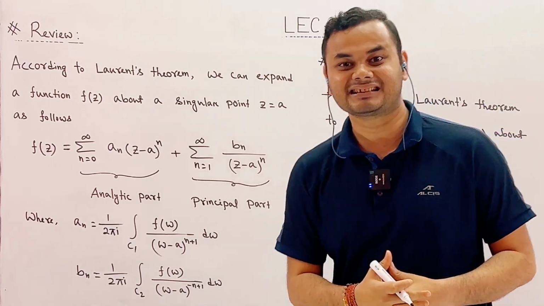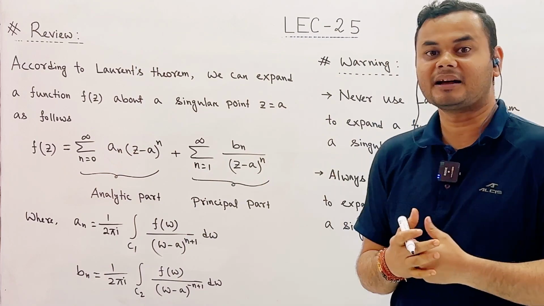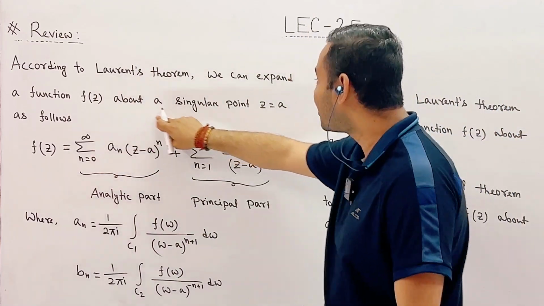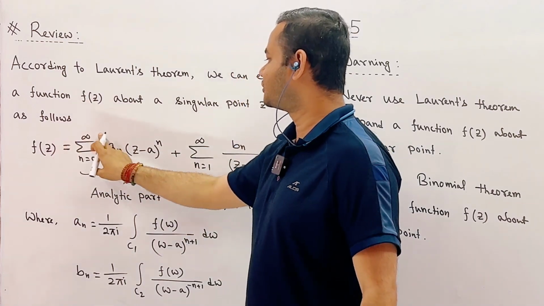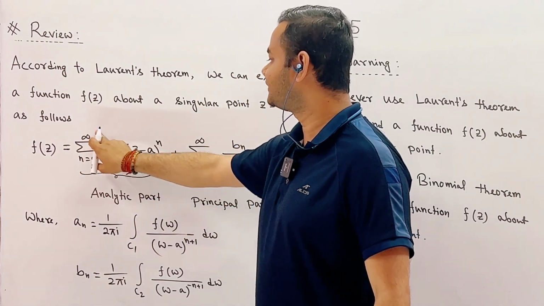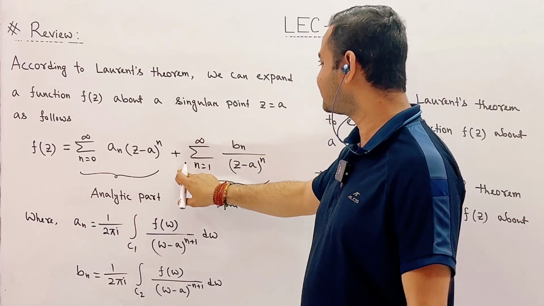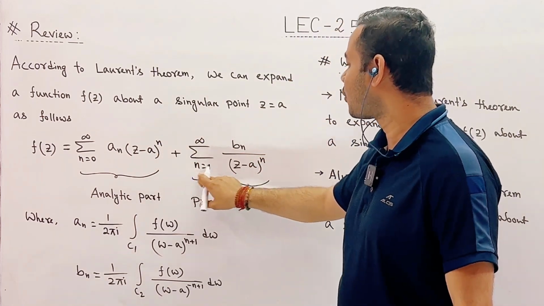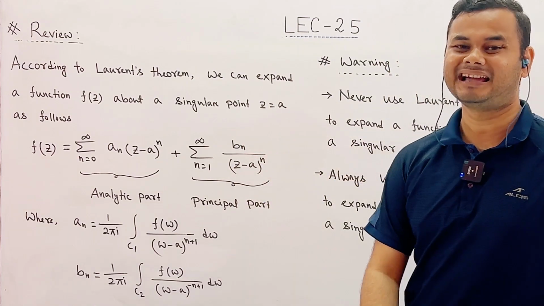Students, in my last lecture I told you that with the help of Laurent's theorem we can expand a function f of z about a singular point z equal to a in this way. f of z is equal to summation n goes from 0 to infinity a n into (z minus a) to the power n plus summation n goes from 1 to infinity b n divided by (z minus a) to the power n.